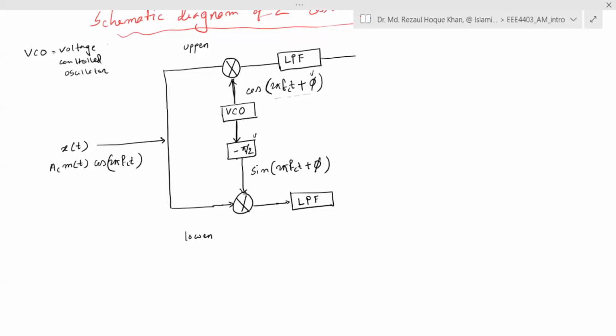And the output of this low pass filter eventually meets a phase discriminator. The phase will be detected here. Phase discriminator.